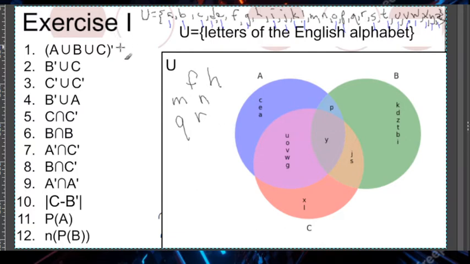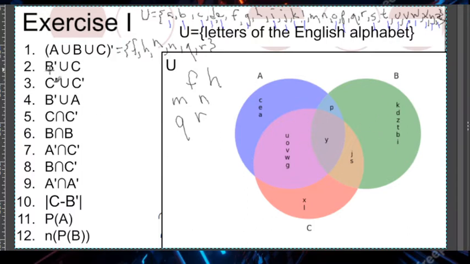So that's going to be my answer for this one. It's going to be F, H, M, N, Q, and R. It's everything that's outside the union of all three.